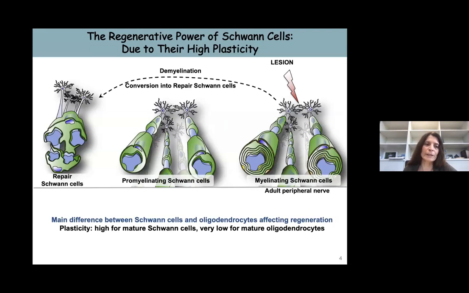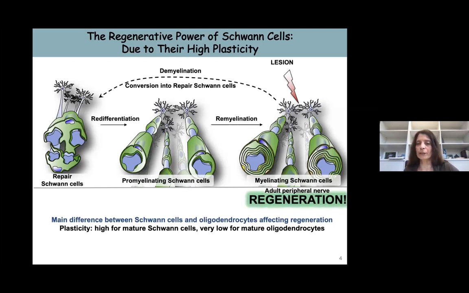Those repair Schwann cells stimulate axonal regrowth, and then they guide axons back to their former targets, which is very important for functional recovery. Once axons have regrown, Schwann cells redifferentiate to reproduce the myelin around the regenerated axons. So we can have almost full regeneration in the peripheral nervous system due to this high plasticity of Schwann cells.